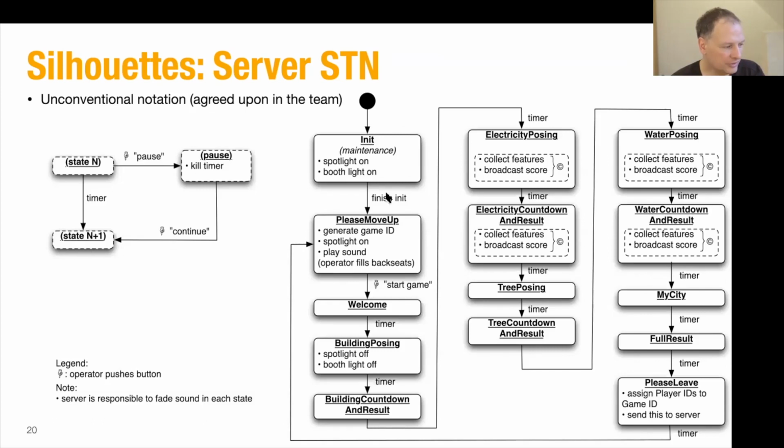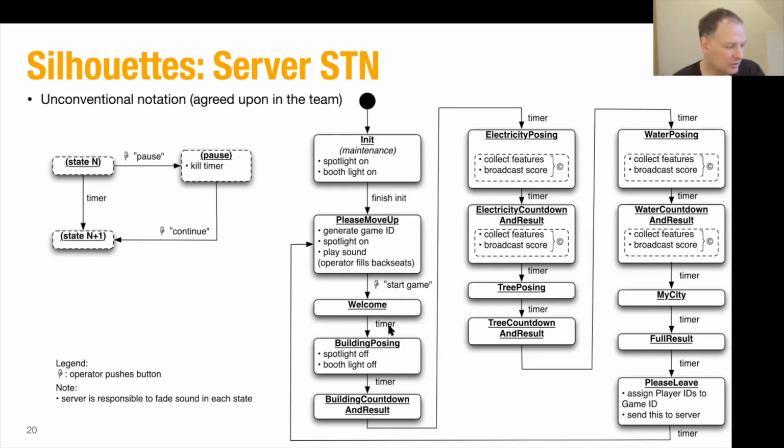And so what happens is basically, for example, the initialization of the system would turn on the spotlights on every person's position. And when that's done, then it would ask people to please move up to the system, like to step up into the spotlight and start doing their gestures, play corresponding sounds, and then the game master presses start game on their little game console off to the side, which shows the welcome screen.